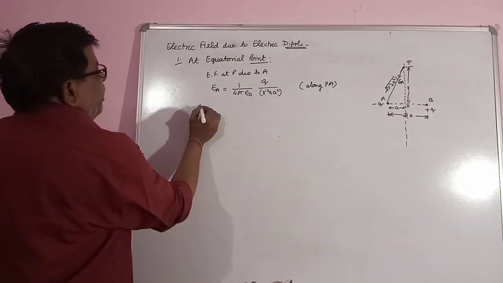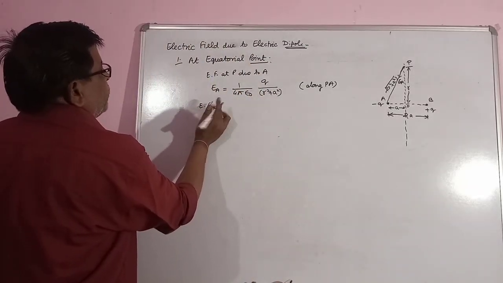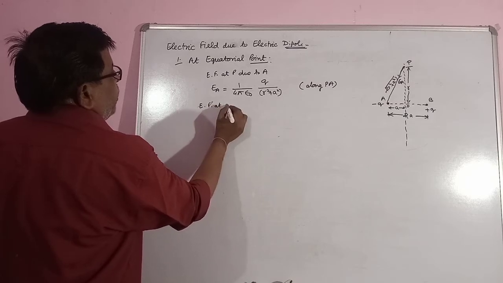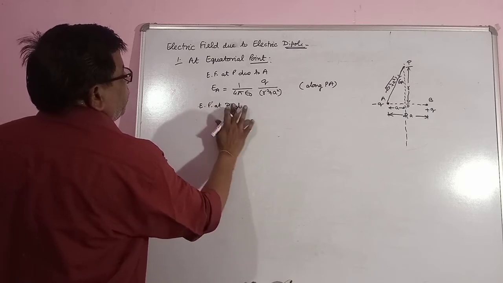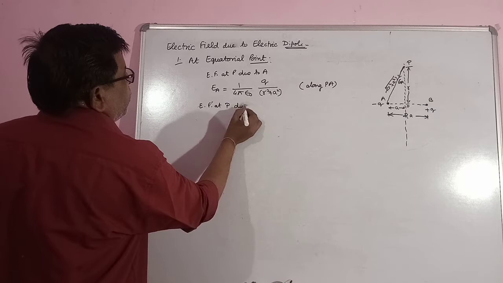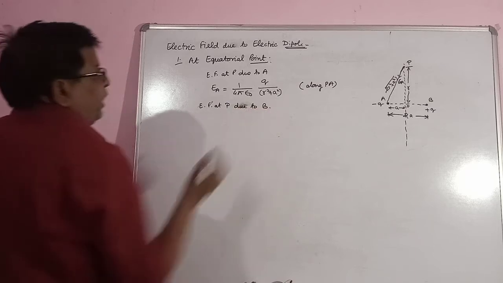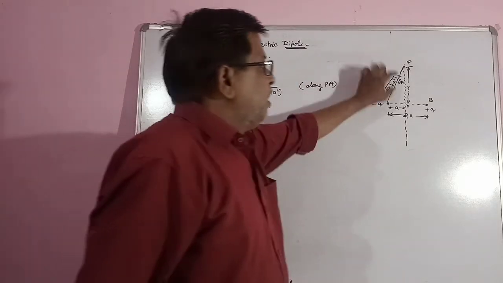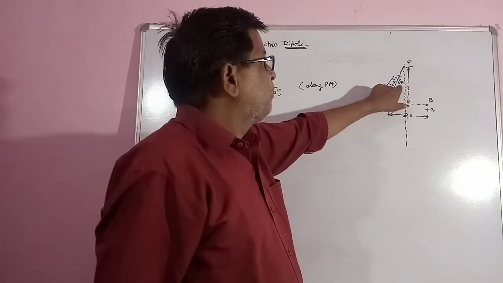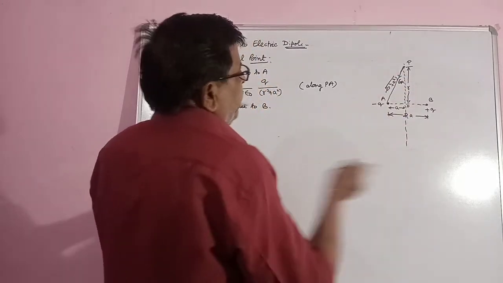Now, electric field at P due to B. This is EA and the second is EB.